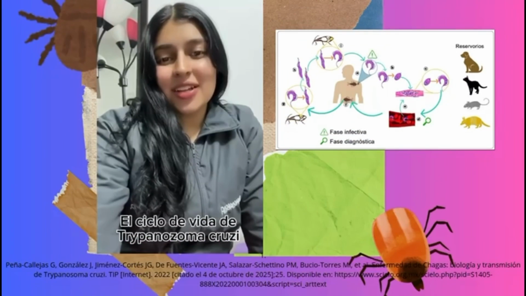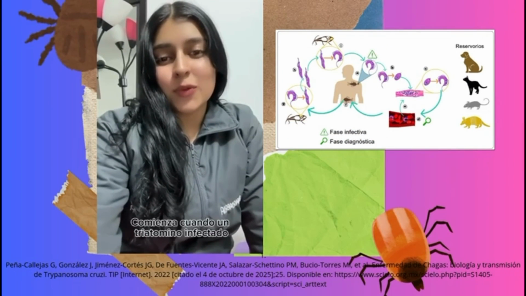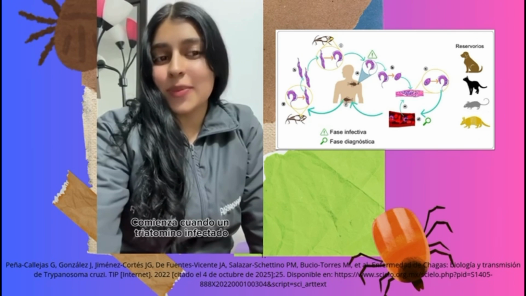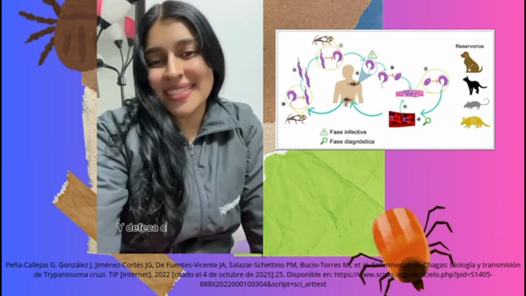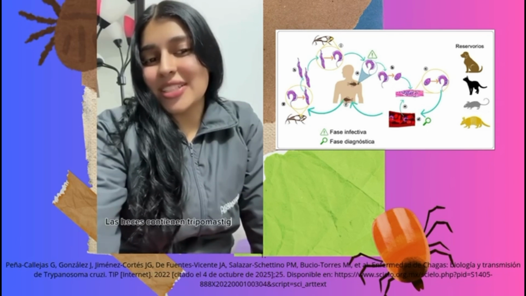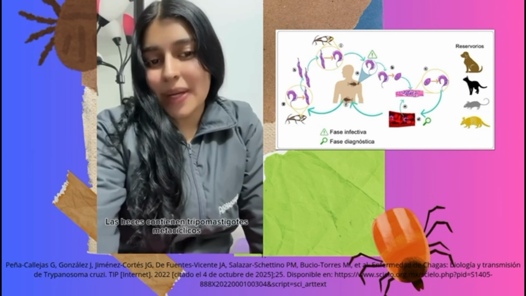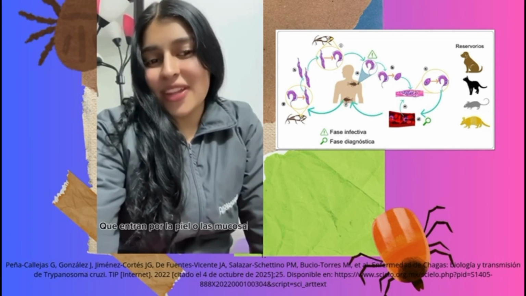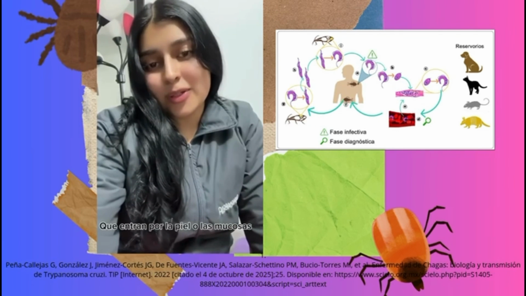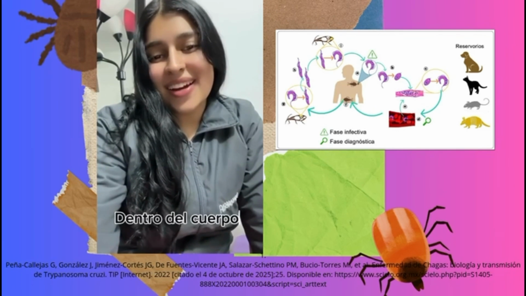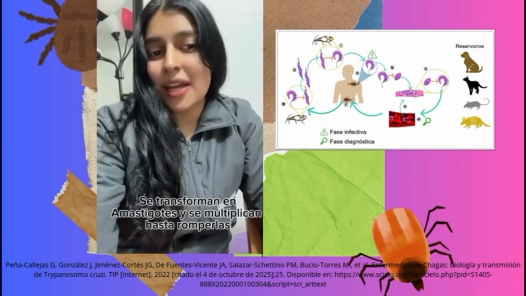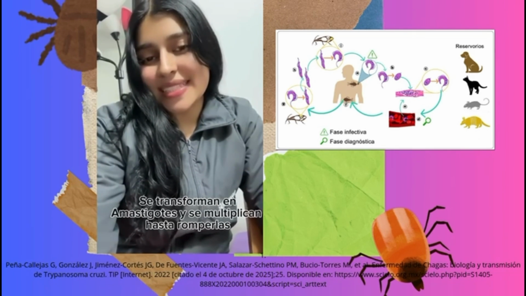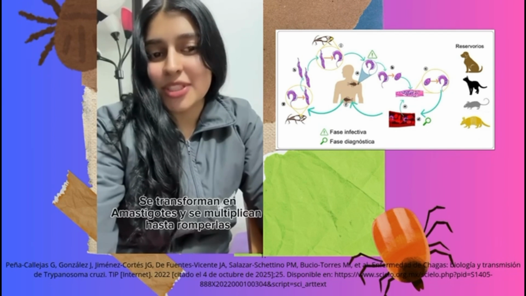The life cycle of Trypanosoma cruzi begins when an infected triatomine, or kissing bug, bites a human host and defecates near the wound. The feces contain metacyclic trypomastigotes, which enter through the skin or mucous membranes. Inside the host, they invade cells, transform into amastigotes, and multiply until the cells rupture.